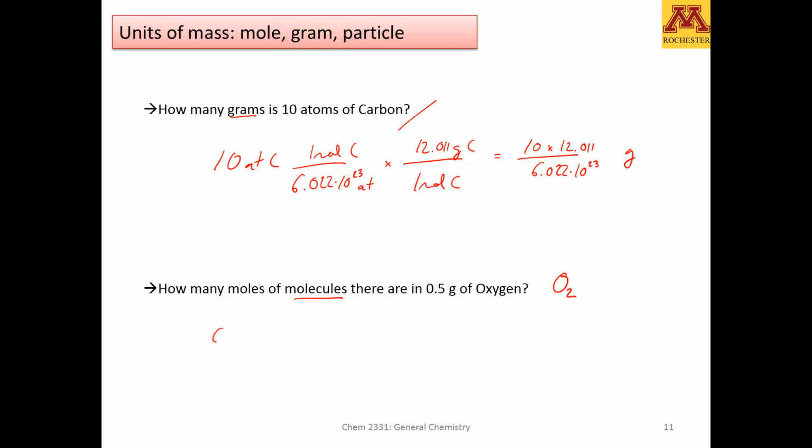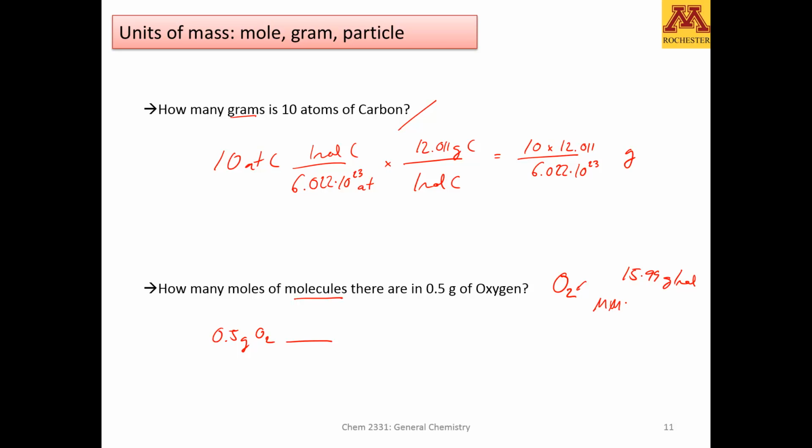We have 0.5 grams of oxygen molecule and we want to know how many moles. Careful now, because if we go to the periodic table, it will say that the atomic mass of oxygen is 15.9 grams per mole. But notice that we have O2 here. So this will actually be the molecular mass.